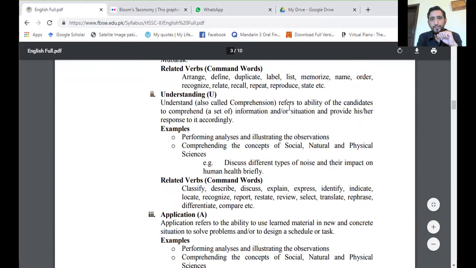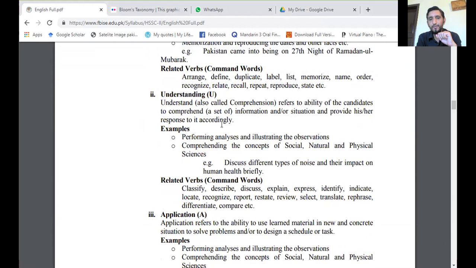Understanding, also called comprehension, refers to the ability of the candidates to comprehend a set of information and situation and to provide his/her response to it accordingly. So there would be an unseen passage given to you, and you are required to answer certain questions based on that text. So that would be checking your understanding level. So examples of it: performing analysis and illustrating the observations.